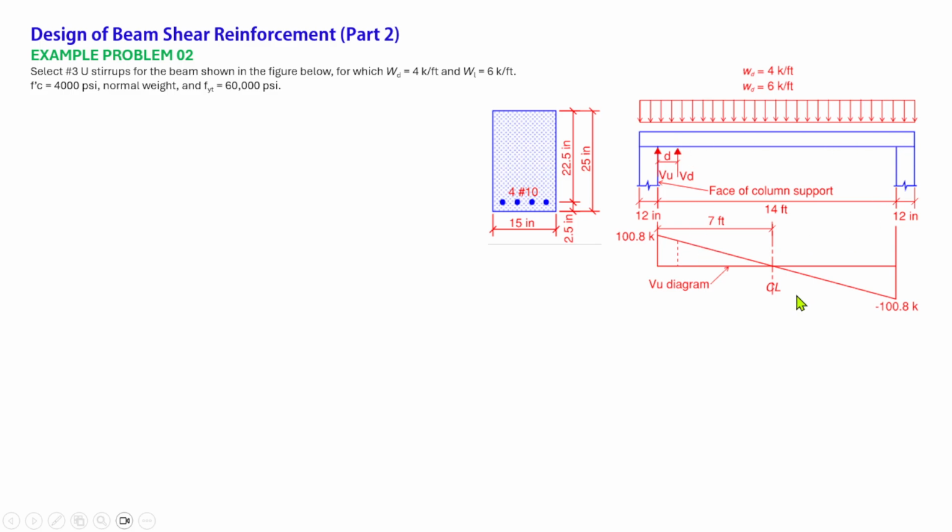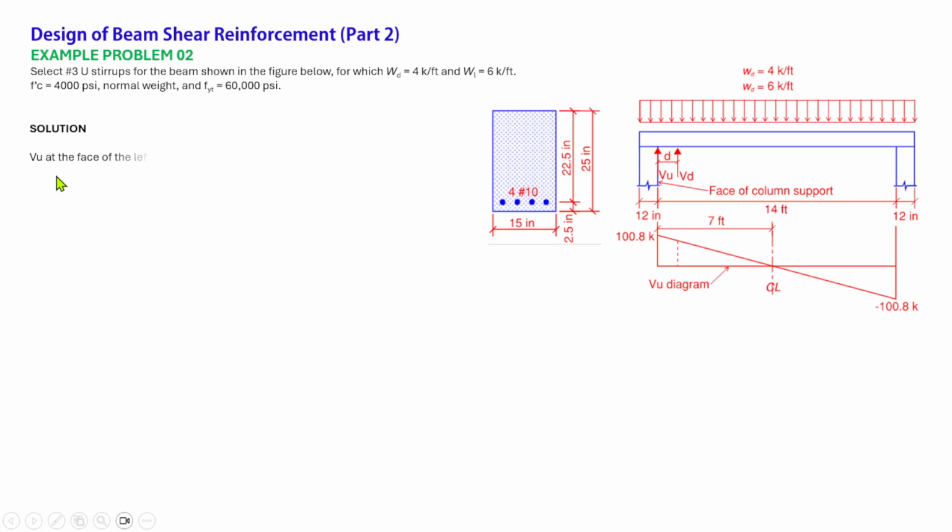It is uniformly loaded, so we expect that the shear at the end of the support is just divided by 2. So we just consider this portion here, which is 7 feet. We will calculate the Vu based on that one. And we have the section of the beam, which is 15 inches by 22.5 inches in the effective depth of the beam. So let's get started with the solution.